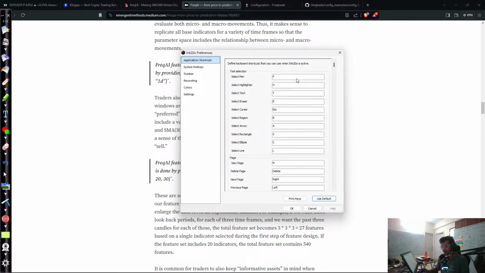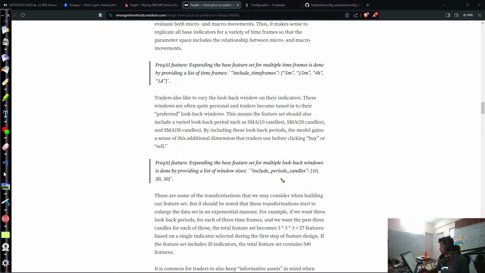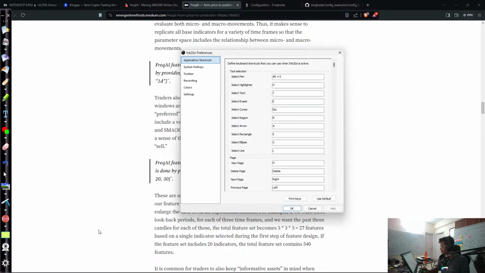Yeah, you know what? I'm just gonna do uh, L test. Alt S got the pen, and then this mouse. Select highlighter, select arrow, um, select line. What? New page is N. Delete page, right, left.